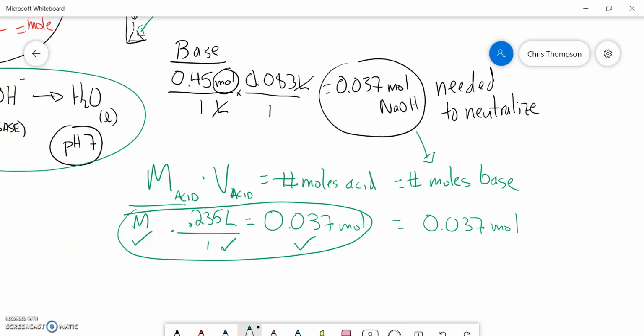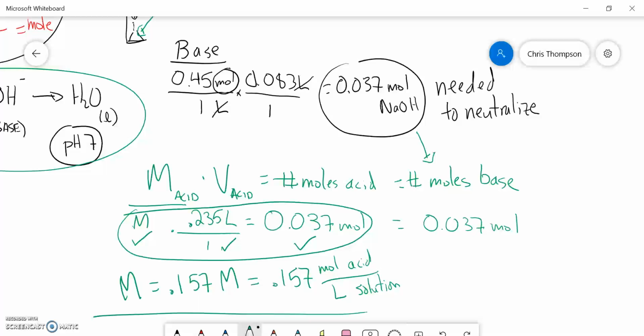So I'm going to take 0.037 divided by 0.235, and you get your concentration, your molarity, equals 0.157 molar. Or we can write that as 0.157 moles of acid per liter of solution. So that is how you solve that type of problem.